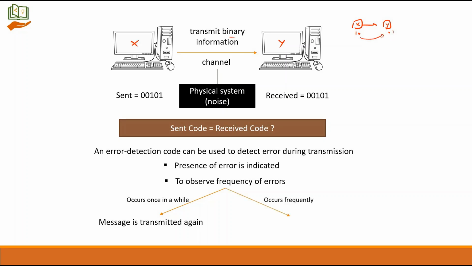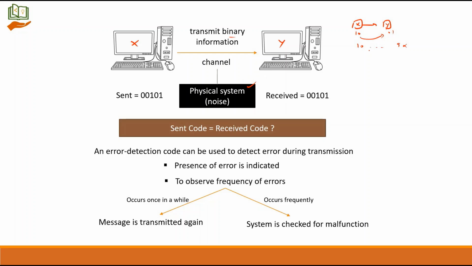What happens when this error occurs frequently? We have to check whether the physical system is functioning properly. The system is checked for malfunction. If the channel has some problem, you will have more and more errors generating. If there are 10 transmissions happening and out of that, 9 are with errors, then you can obviously say that there is a problem in the physical system.